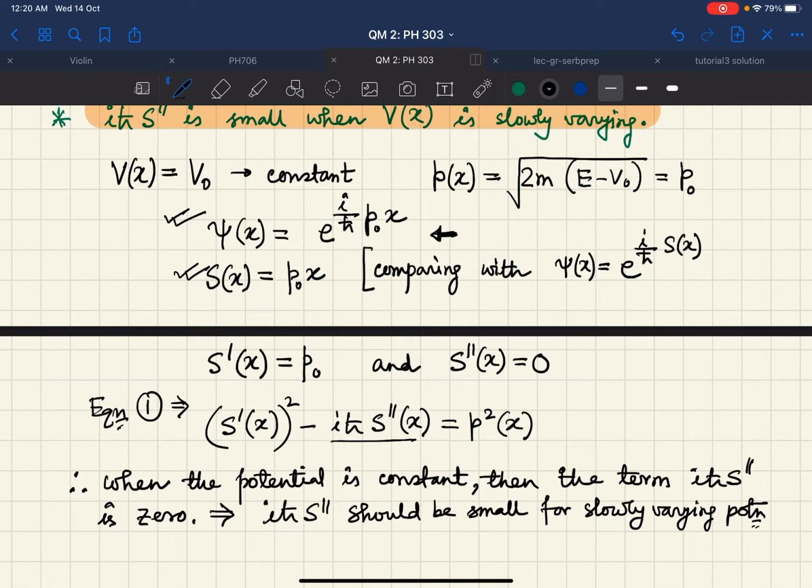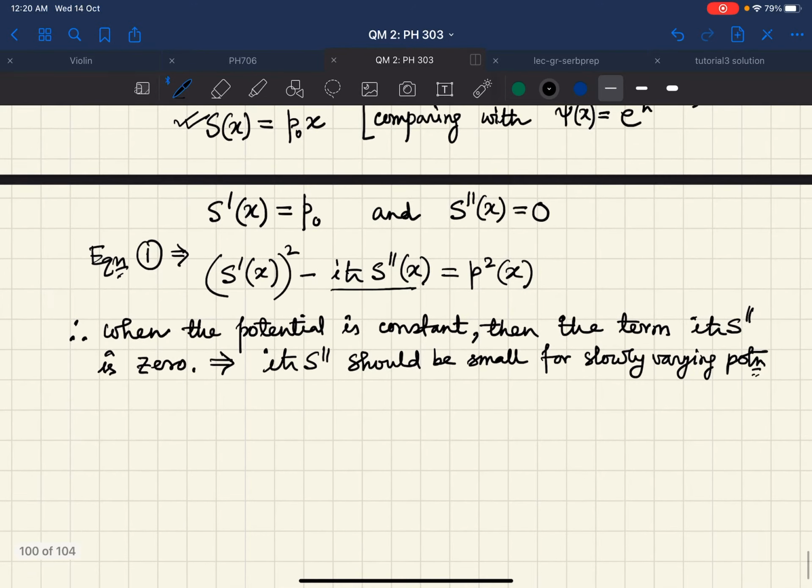Of course, it is not expected that when the term S'' is 0 for a constant potential, it will be very big suddenly if we vary V slowly or very infinitesimally. So it is generally not going to happen.